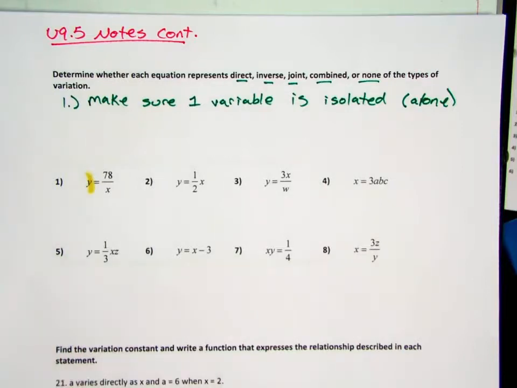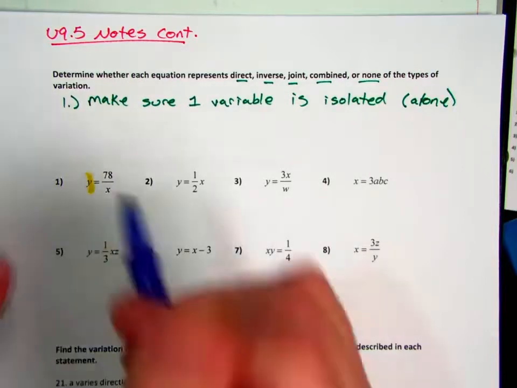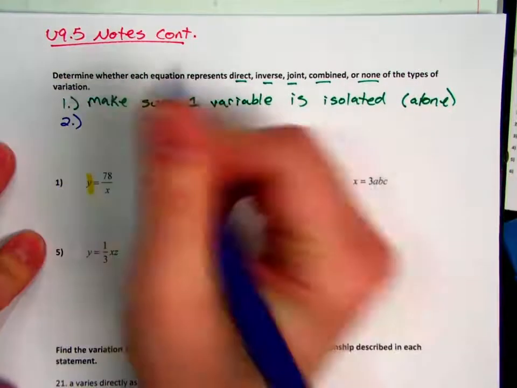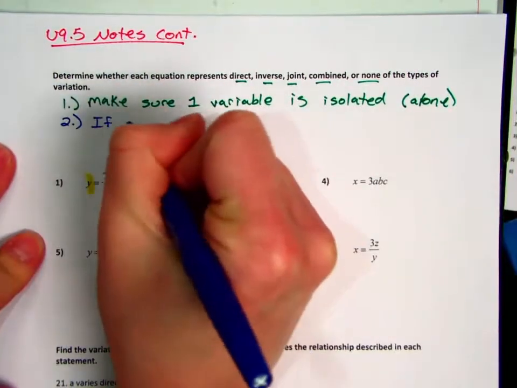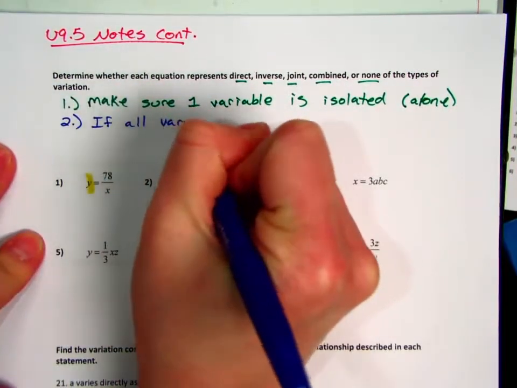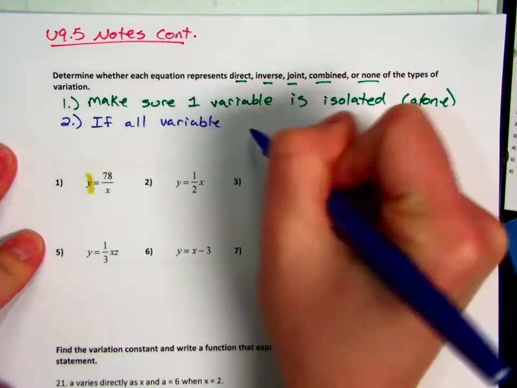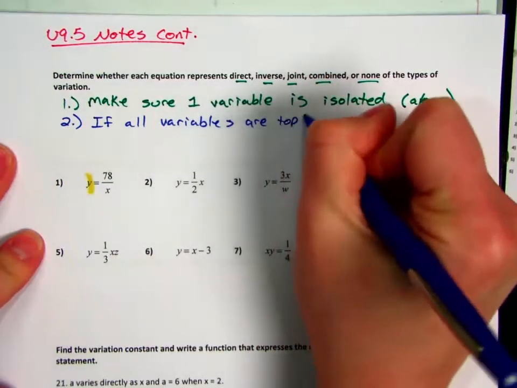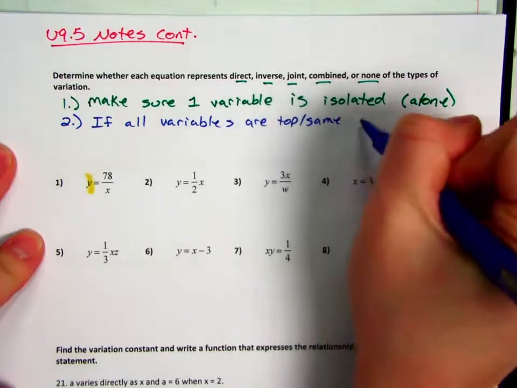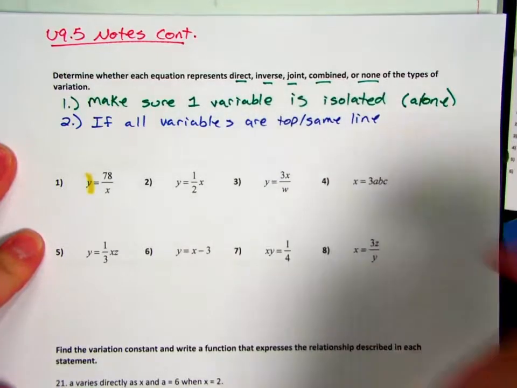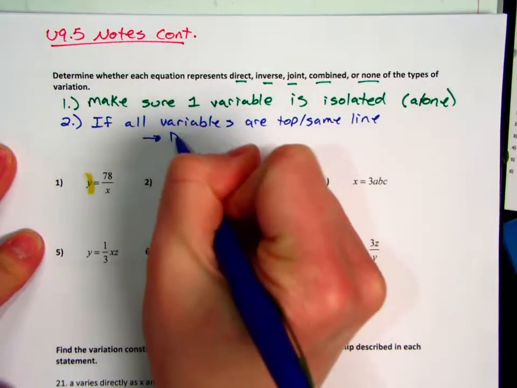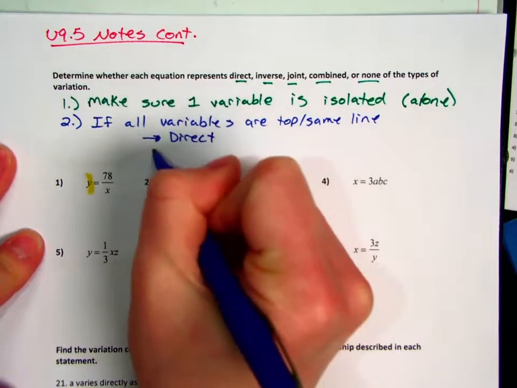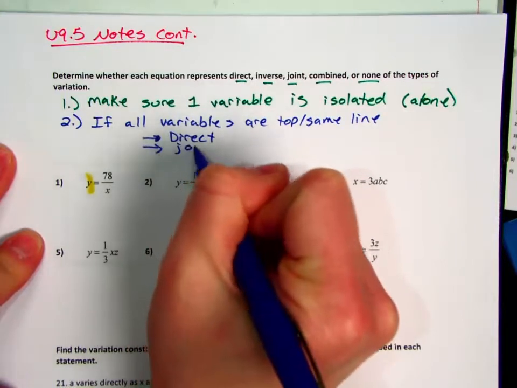Once you've got the variable by itself, then I look at the general setup. If all the variables are on the top, or the same line, then I know that it's one of two things. It will either be direct variation, or it will be joint variation.